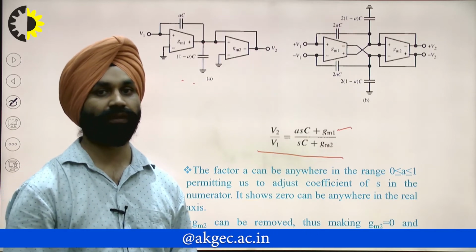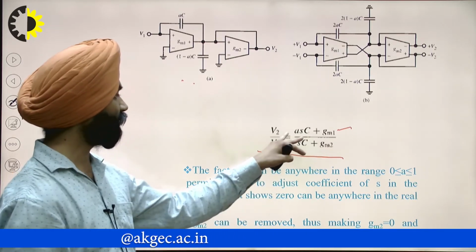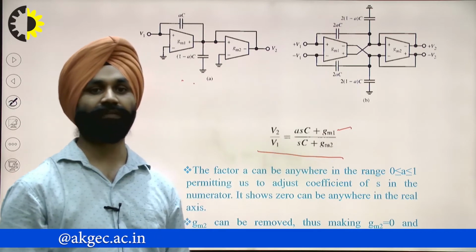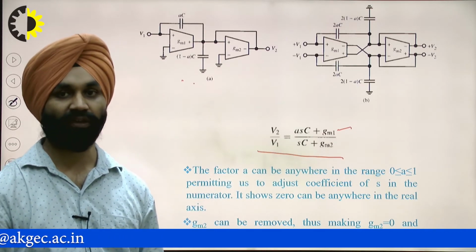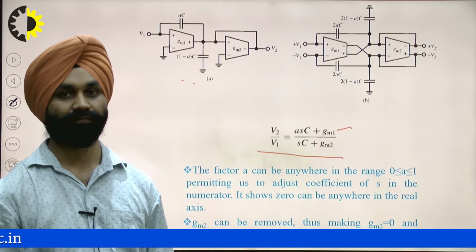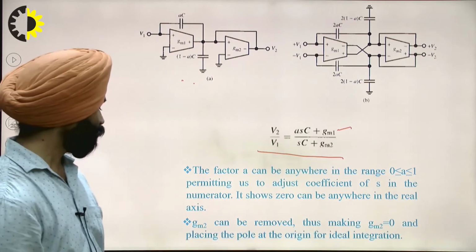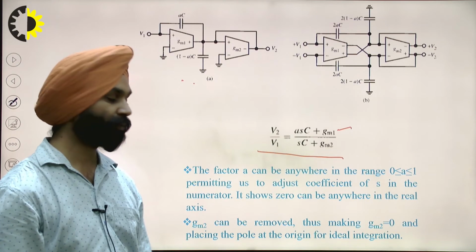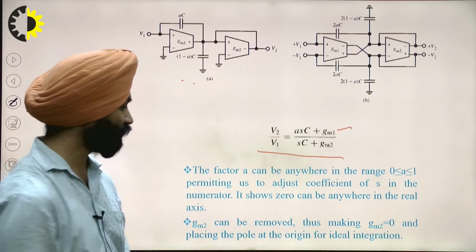So if A is 0, the S term can be present or absent. Also, GM2 can be removed to make GM2 equal to 0.